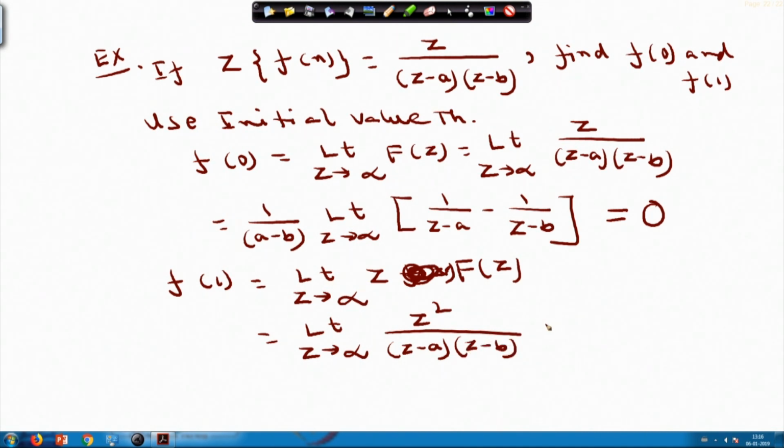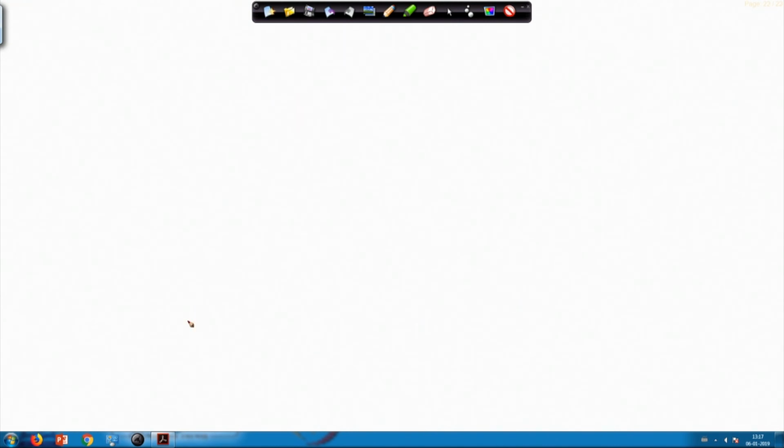To evaluate the limit, I can divide both numerator and denominator by z square, and in that case I will obtain the result that f of 1 is 1. Therefore, by the initial value theorem, f of 0 is 0, and using the property that f 1 equals limit z approaches infinity of z F z, by evaluating the limit we find that f 1 equals 1.